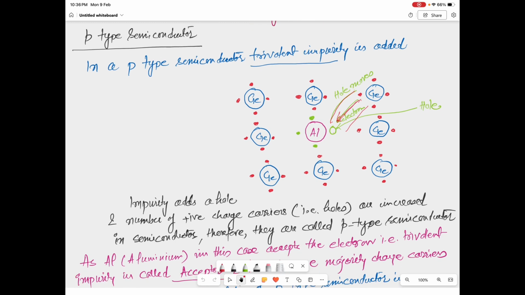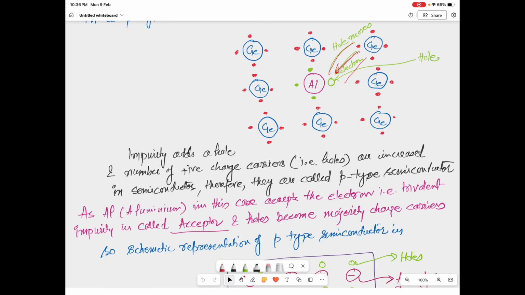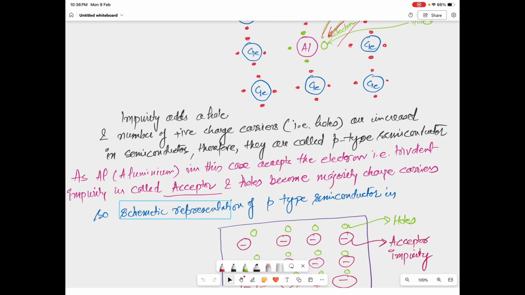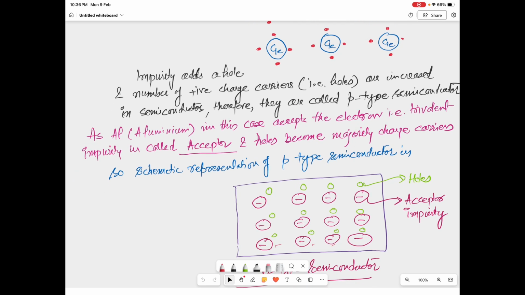With an increase in temperature, the hole moves from one atom to another, and electrons replace the holes. Because an electron is added, aluminium becomes negatively charged, so we call it an acceptor atom. Since holes are moving, holes become the majority charge carriers, which are positively charged. So we call it a P-type semiconductor.